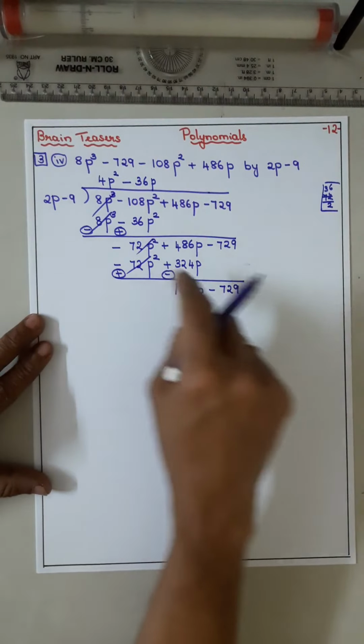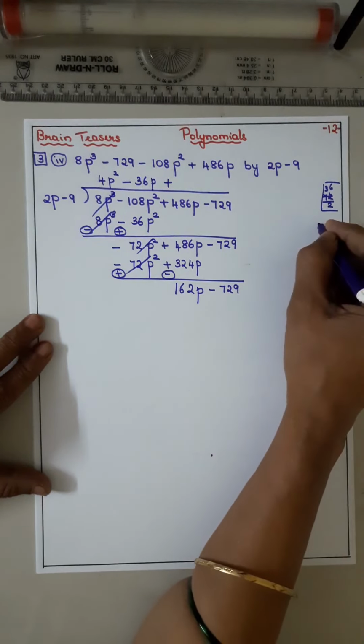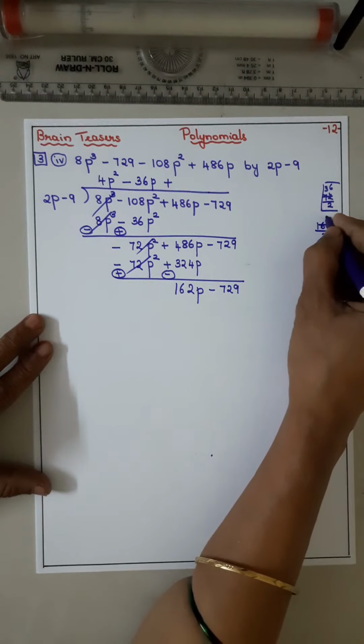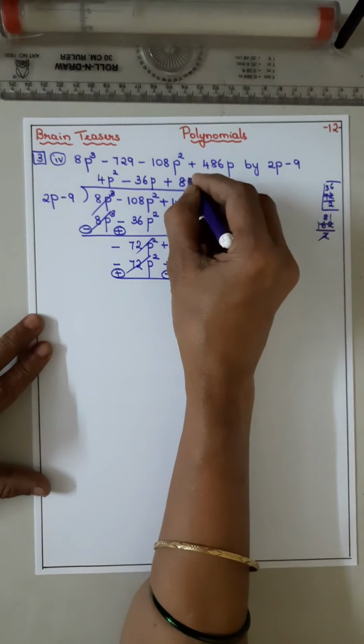Now it is plus plus plus. 2 how much times 162? 2 eights are 16 and 1 means how much? 81 times.